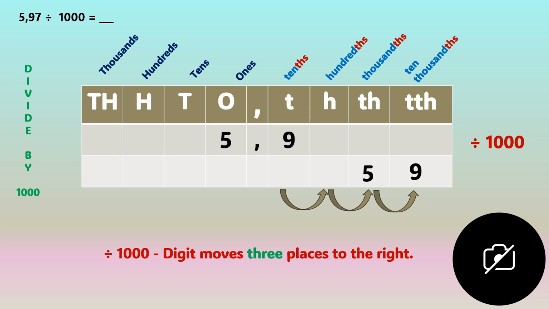So our answer is 0,0059. So you can see that our hops here, 1 hop, 2 hops, 3 hops. Here I started moving the 9 to show you that every digit must hop 3 places to the right.